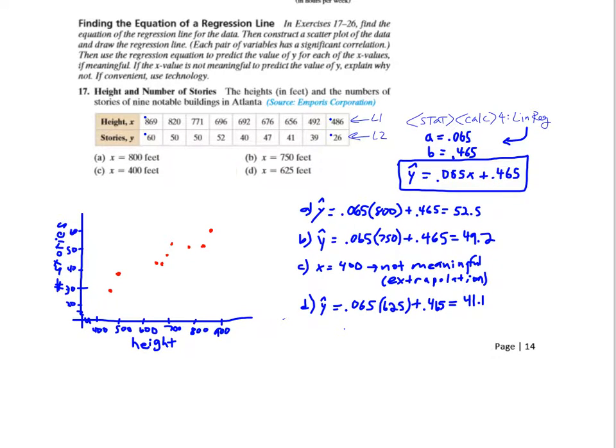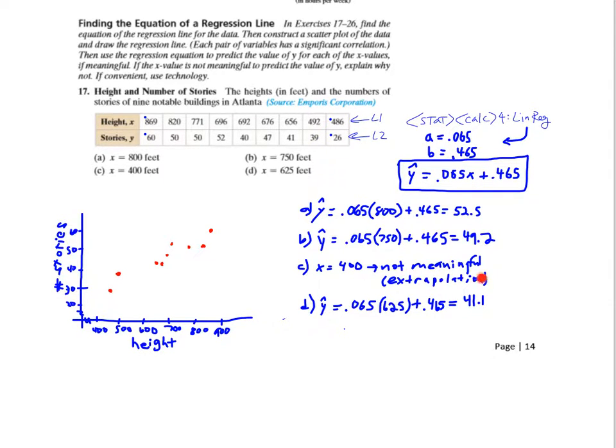Okay, now it's prediction time. There are 4 predictions we're asked to make if meaningful. So the first prediction, I plugged 800 in for x, predicted if you have an 800-foot building, you have about 52 or 53 stories. If you have a 750-foot building, you have about 49 stories. If you have a 400-foot building, well, 400's quite a bit below the smallest building in the data set.